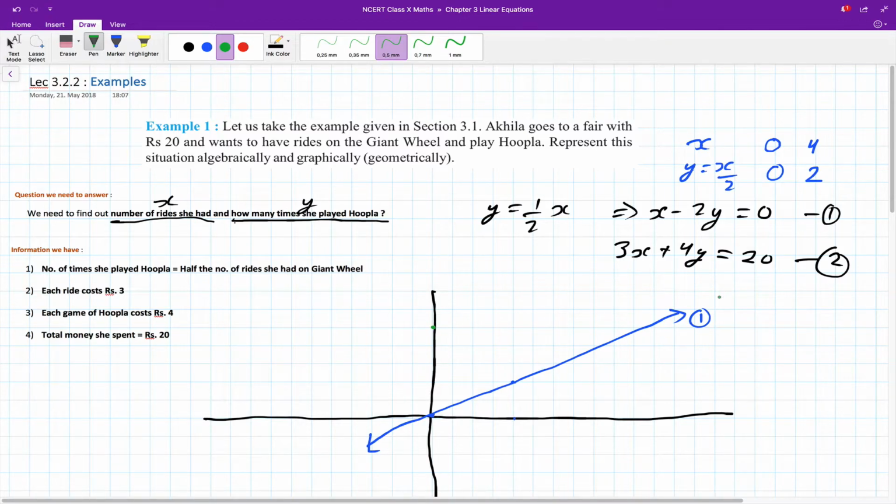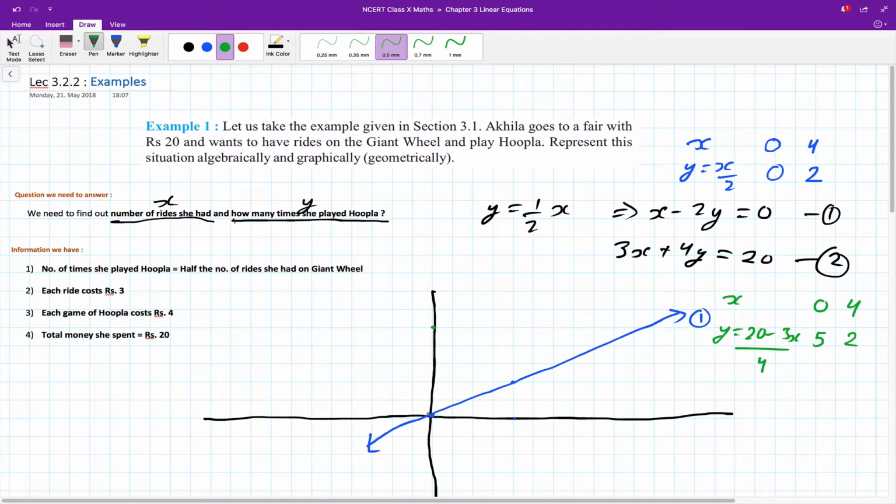Okay, let us plot the second equation. So we have x and y as 20 minus 3x by 4. If we take 0, we get 20 by 4, which is 5. If we take 4, then 3 times 4 is 12, 20 minus 12 is 8, 8 by 4 is 2.